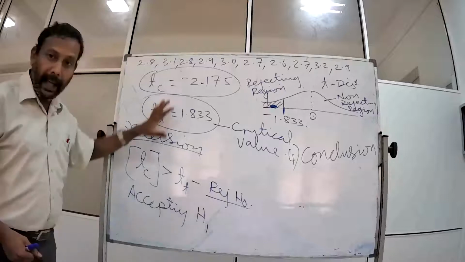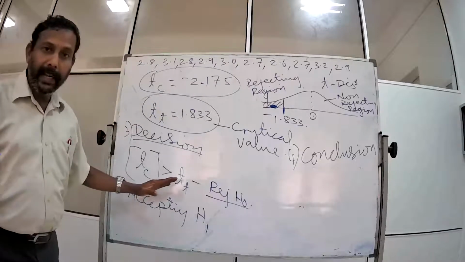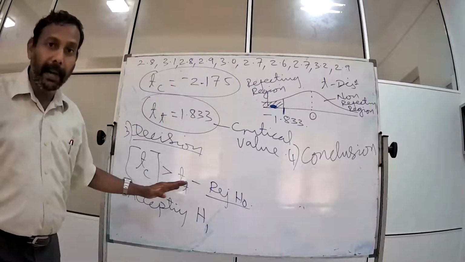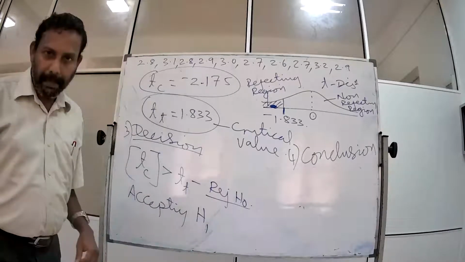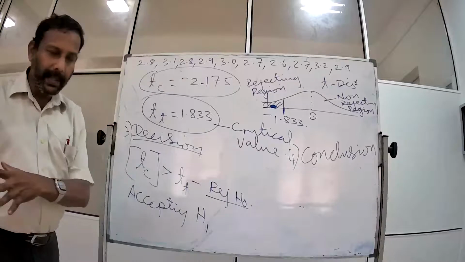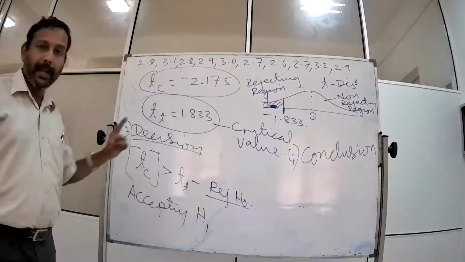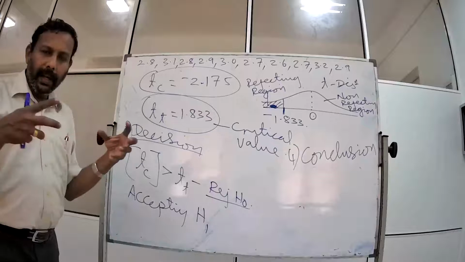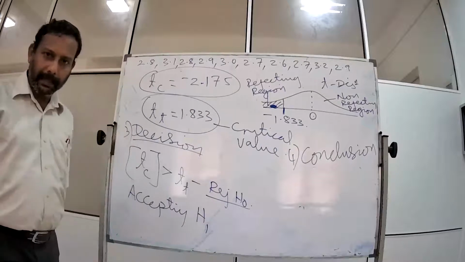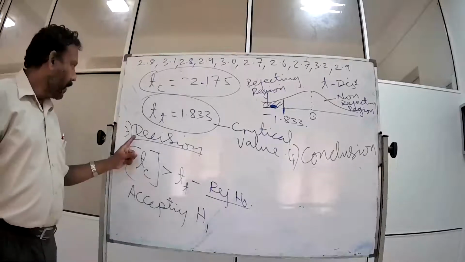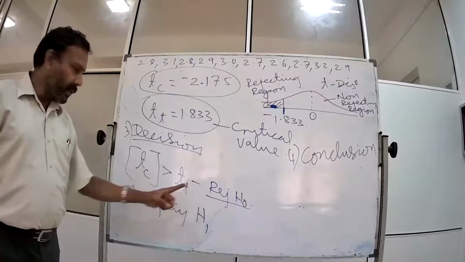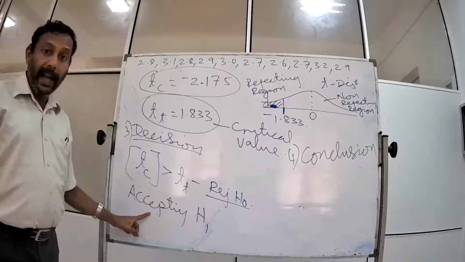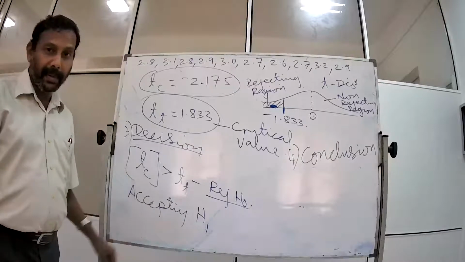Up to now, even a layman, even a simple farmer, cannot understand these three steps. Only scientists or researchers will understand all three steps. That is more towards statistical computation. Now we have taken a decision. We are going to reject our null hypothesis, and meantime accept our alternative hypothesis.